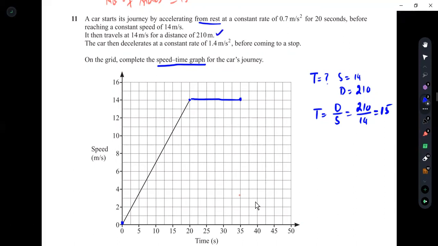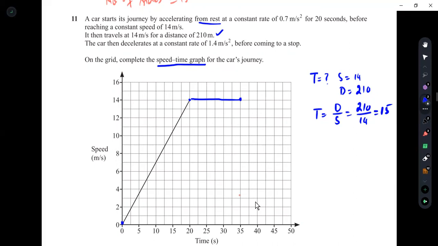Then the car decelerates. Decelerate means a decrease in speed, at a constant rate of 1.4 meters per second squared before coming to a stop. So from this point, it has to reach a point where it will come to a stop. That means the speed will become zero.